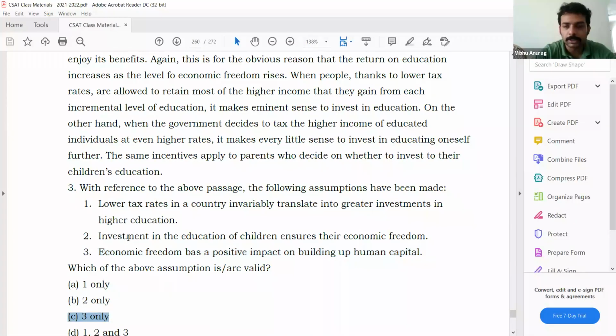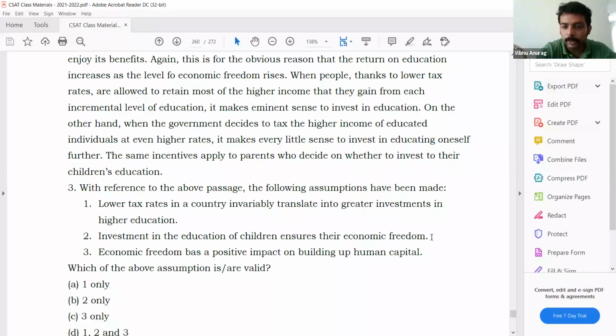No, option 2 is not similar. Option 2 is the exact opposite. The author is saying that when you have more economic freedom, you tend to invest more in education. Statement 2 is saying investment in education ensures economic freedom. No, it's not as if you get economic freedom by investing.